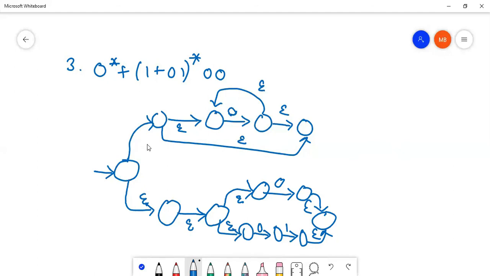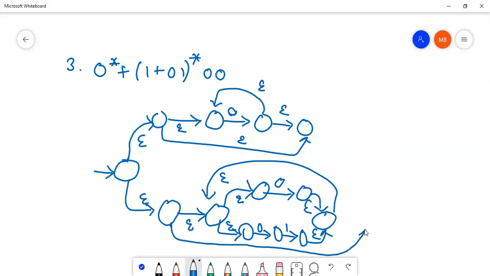I'm just filling in epsilon wherever missed. Now this has to be taken for the whole star. Epsilon, another epsilon transition. This is over for 1 plus 0 1 whole star.